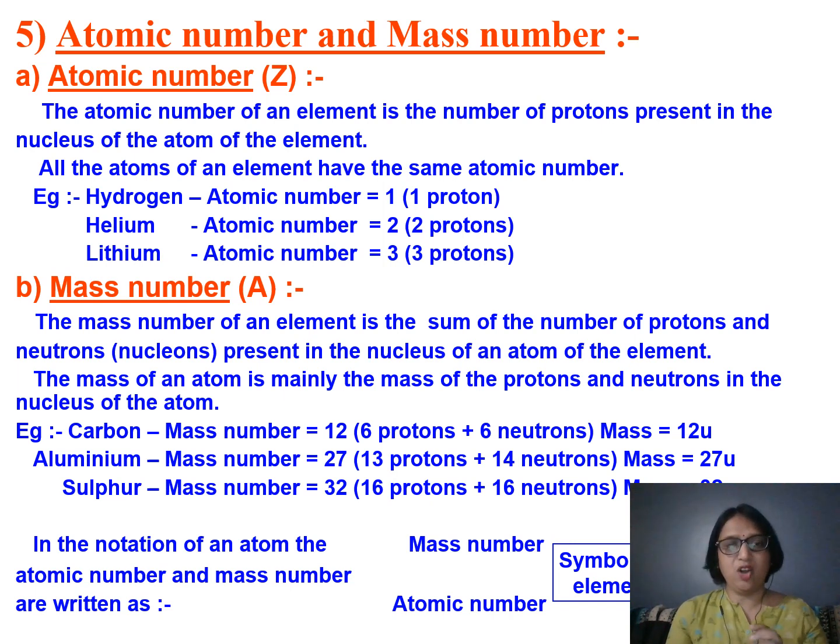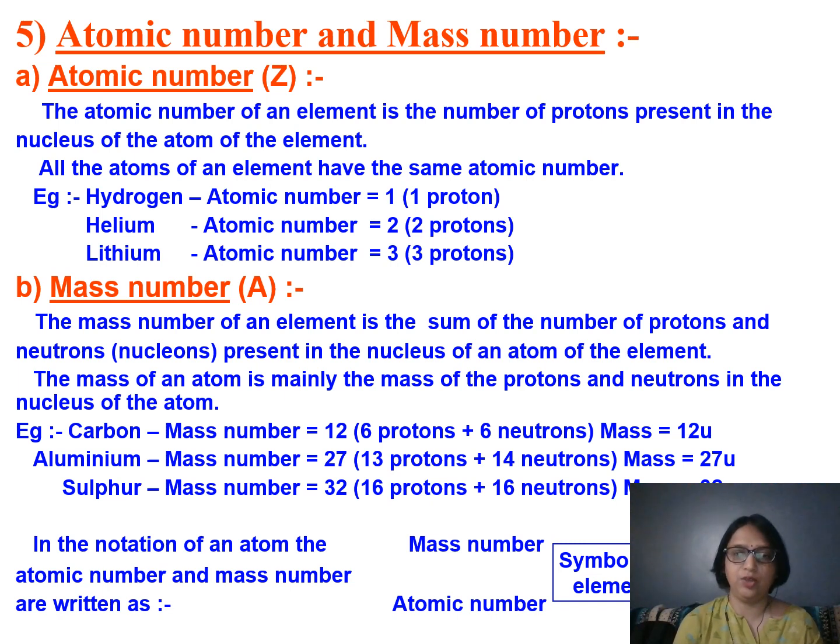The mass of an atom is mainly the mass of the protons and neutrons in the nucleus of the atom. You can see carbon has mass number 12. It contains 6 protons and 6 neutrons, so its mass is 12 u. Aluminium's mass number is 27, with 13 protons and 14 neutrons, so the mass is 27 u.